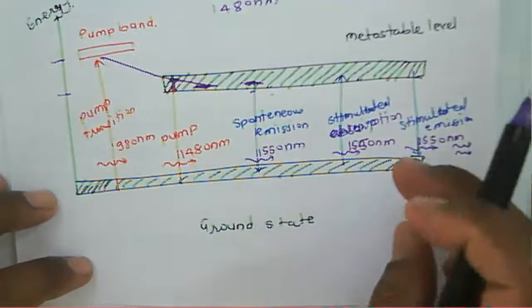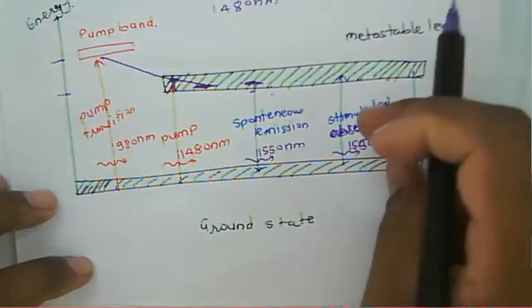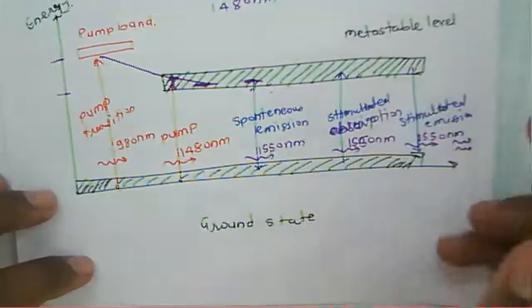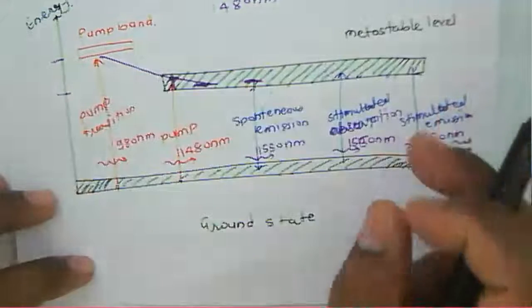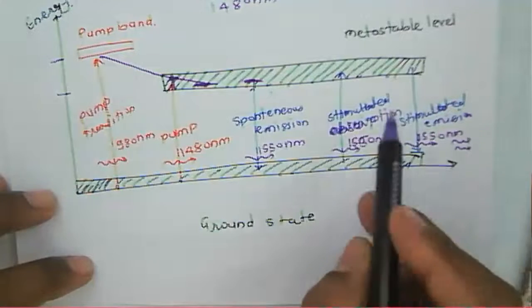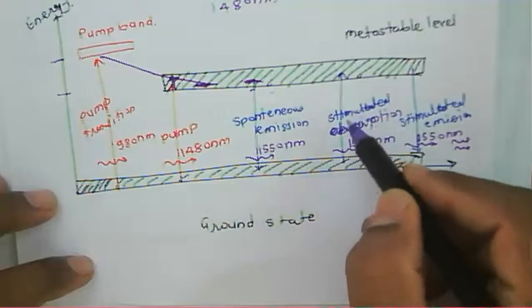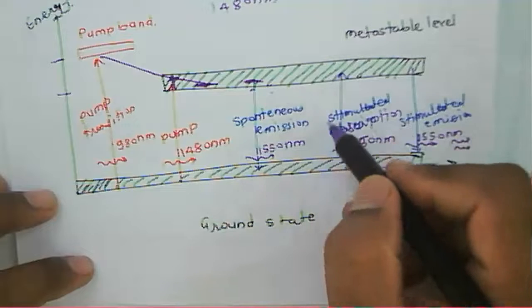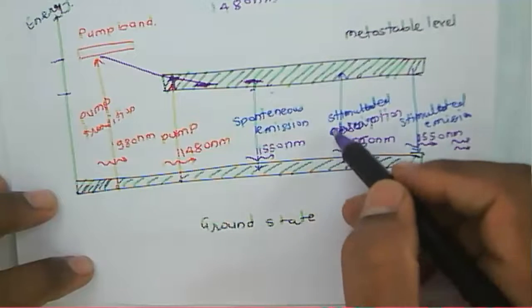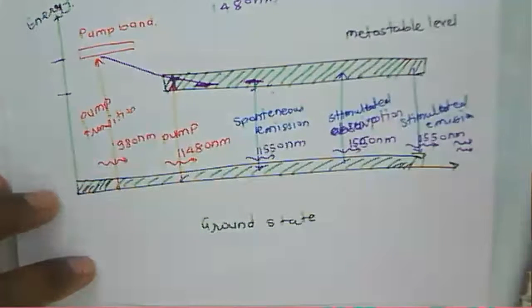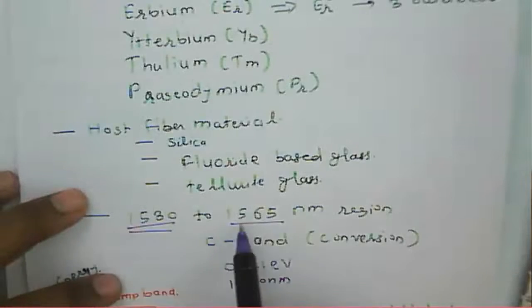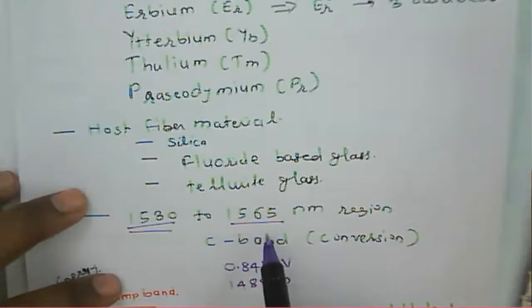So here the stimulated emission and the amplification of that photon take place. Here the multiplication takes place. If you see the width of the metastable state and the ground state, that will allow the stimulated emission process, and that will occur in the range of 1530 nanometer to 1565 nanometer.